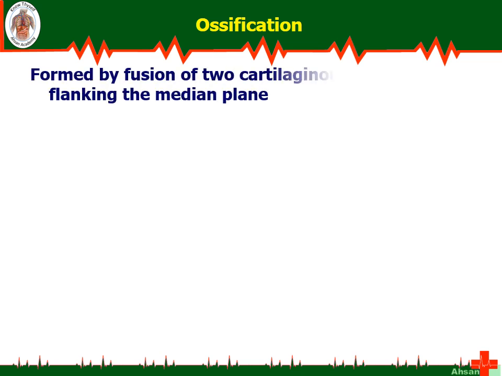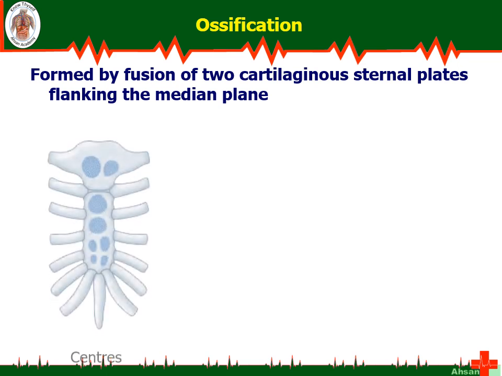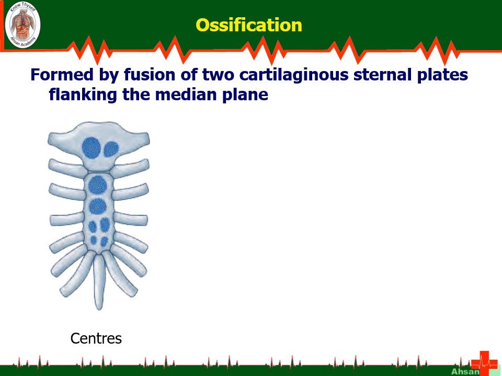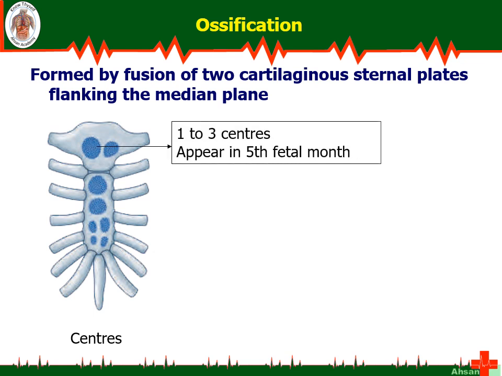Ossification for this bone is clinically important. Actually, 2 plates of cartilage are formed, and these move towards the midline, and by fusion produce a cartilaginous model of the sternum. This you can see, and the darker area shows the point of start of ossification. This is known as ossification center. For the manubrium, there are 1, 2, 3 centers and they appear at the age of 5th fetal month.